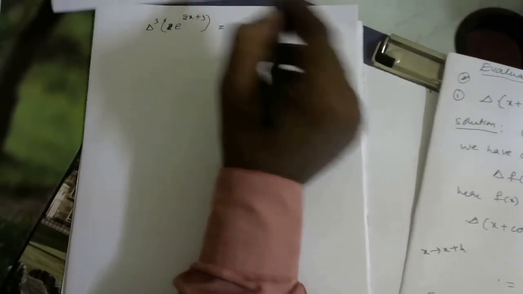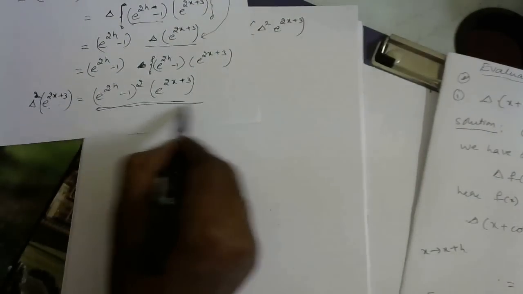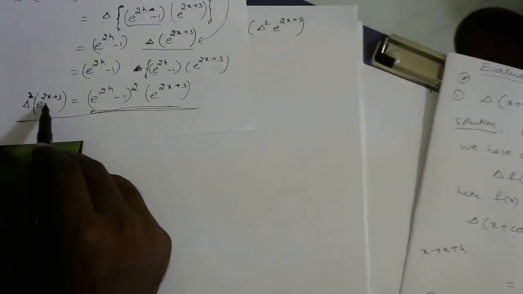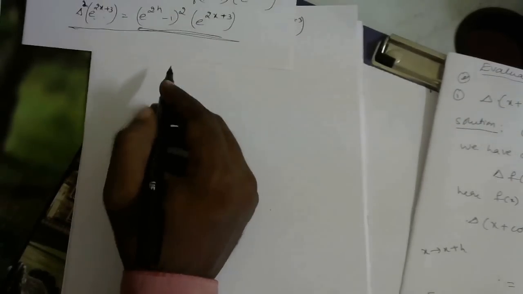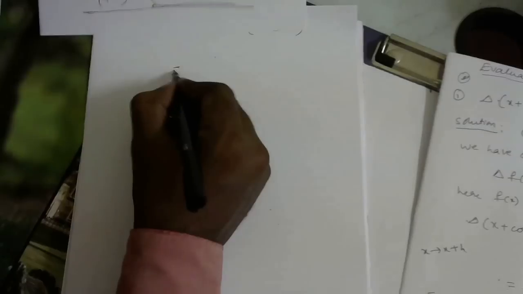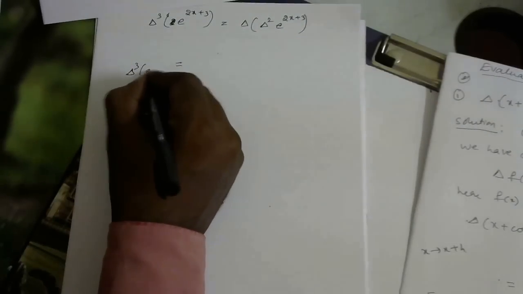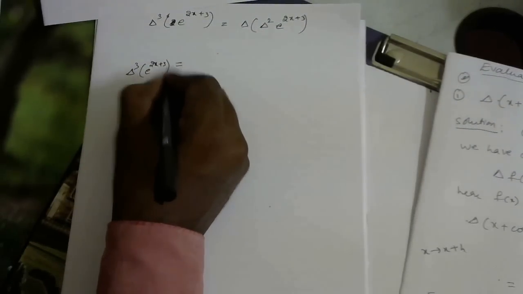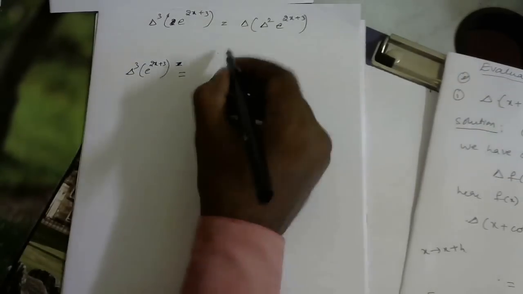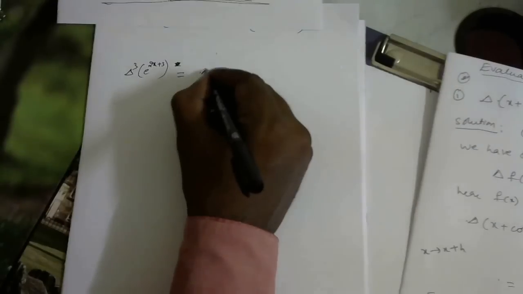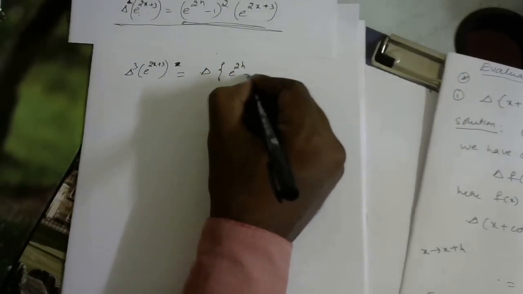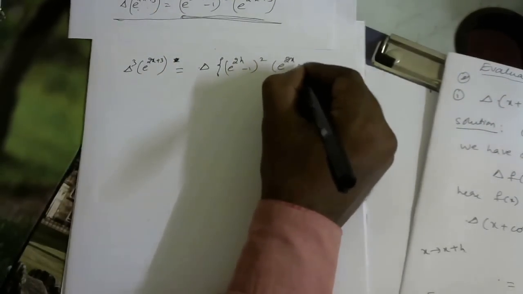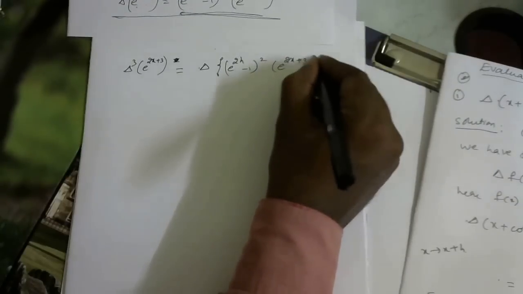You can substitute this one here. So what happened? Delta cube e to the power of 2x plus 3 equals delta into e to the power of 2h minus 1 whole square into e to the power of 2x plus 3.